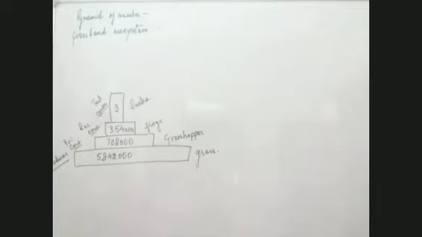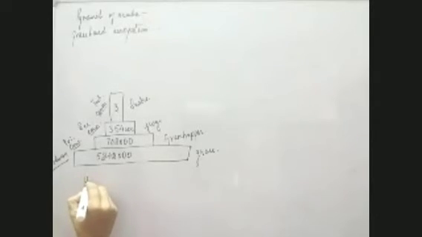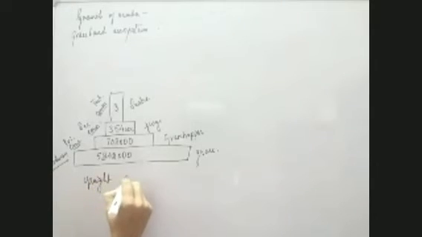Then the frogs which eat the grasshoppers are only about 3 lakhs, and the snakes are even fewer, feeding on so many frogs. So the pyramid of number is upright. This type of pyramid is known as an upright pyramid.